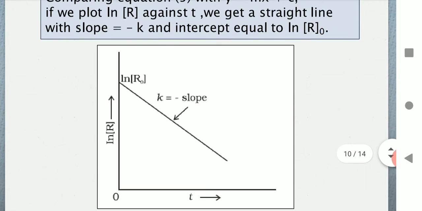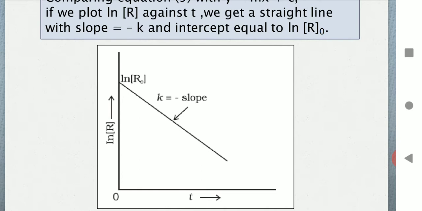The slope will give you the value of k, that is slope is minus k, and the straight line will be cutting the y-axis at a certain point. Means there will be an intercept which will be indicated in the graph, and that intercept value will give you the value of ln R naught.